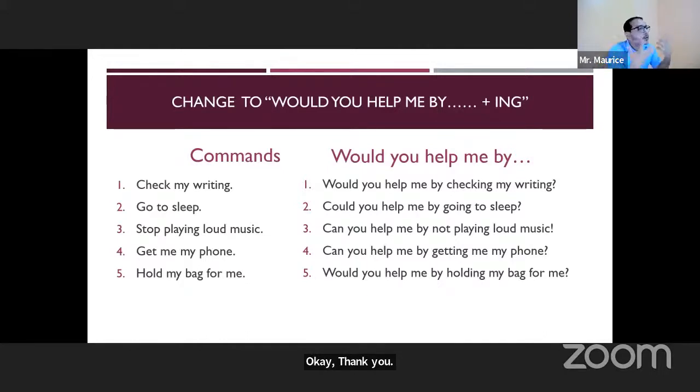Esta palabra commands es algo que nosotros vimos en el nivel 1, level number 1. Commands son instrucciones o órdenes que le damos a alguien.